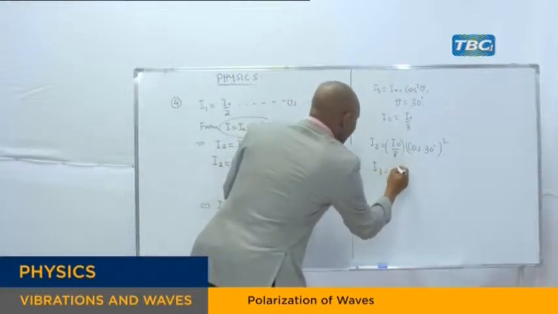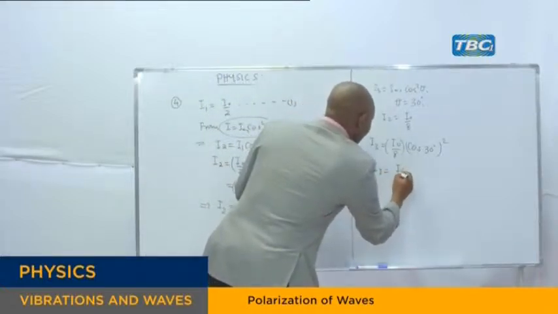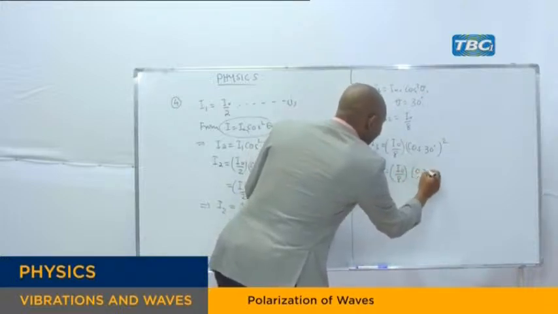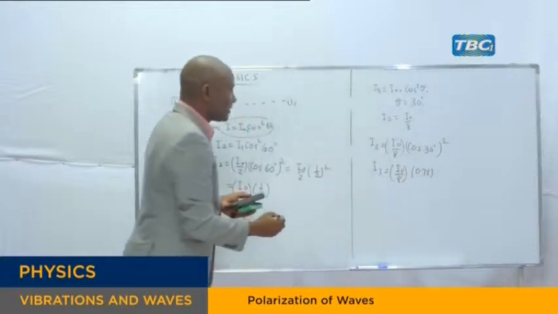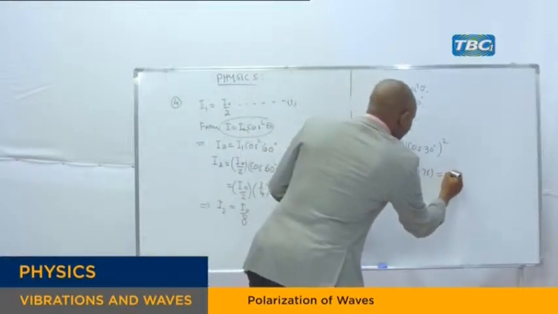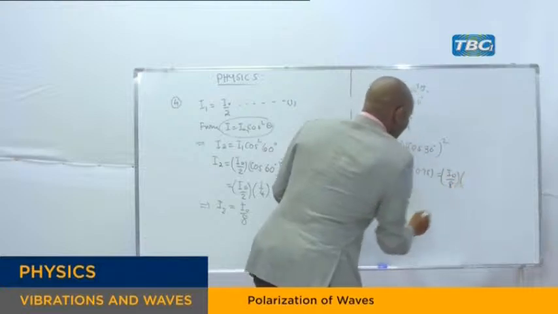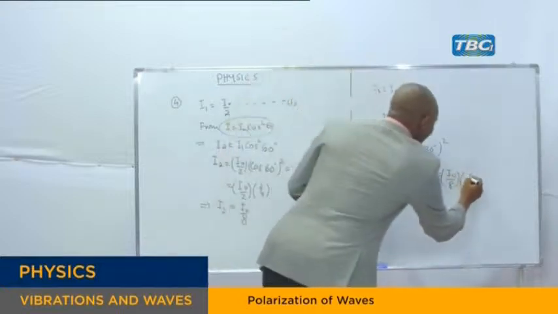So I3 equals I0 over 8 times 0.75. Mathematically, we know 0.75 equals 3 over 4.